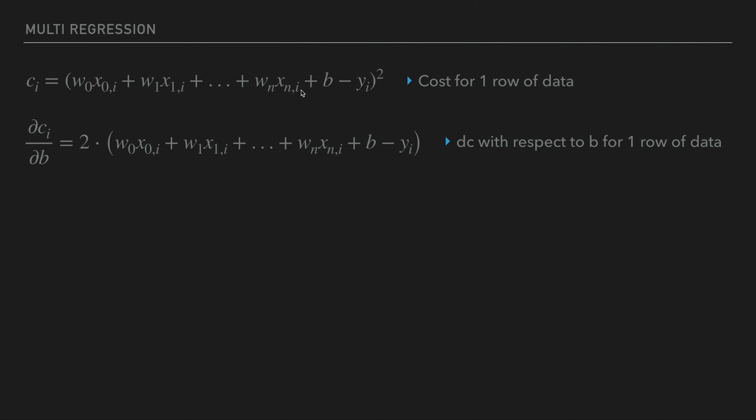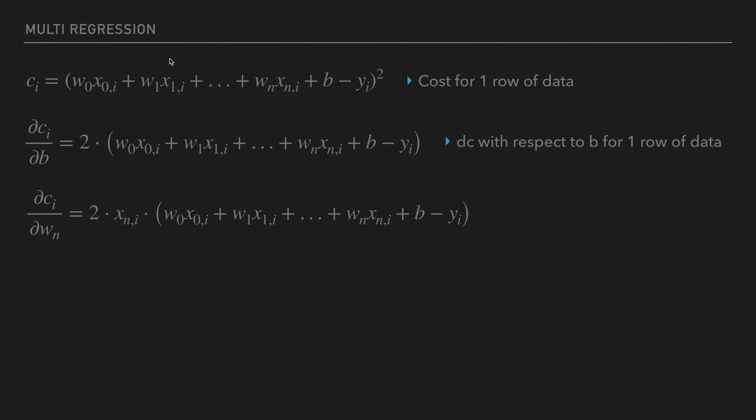Great, because n could be anything. So we can just simply say that the derivative of the cost with respect to the nth weight is just 2 times the nth x for the ith sample times the whole thing, right? We're using the chain rule to take the derivative of this whole thing.